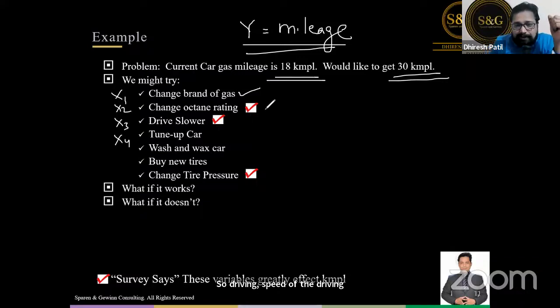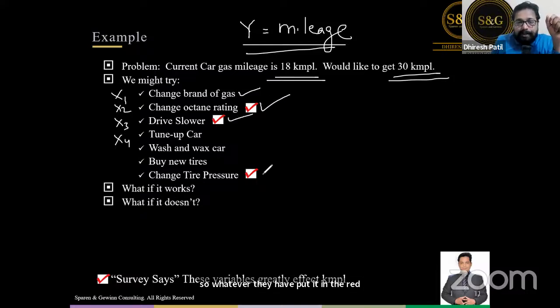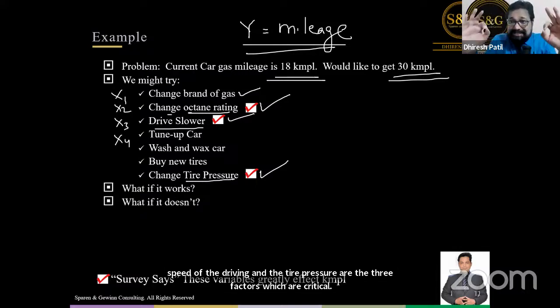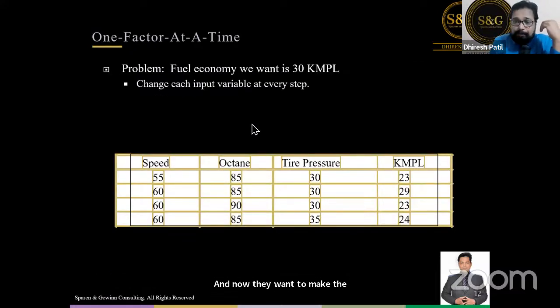So whatever they have put in red, these are the critical factors. According to the experts, the octane rating, the speed of the driving, and the tire pressure are the three critical factors. Clear? So out of 8, they have selected 3 factors, and now they want to make the experiment. Here they have made the one factor at a time keeper strategy experiment.